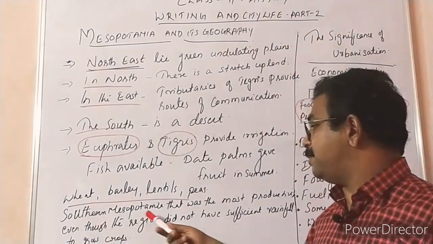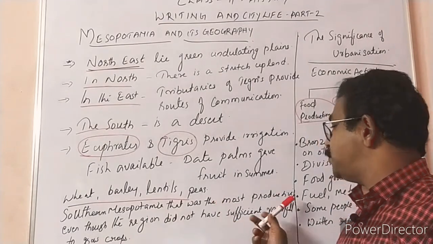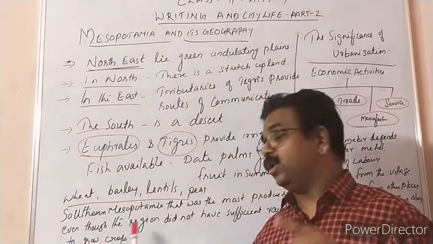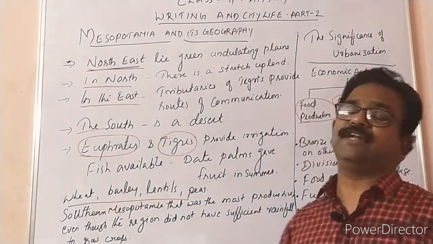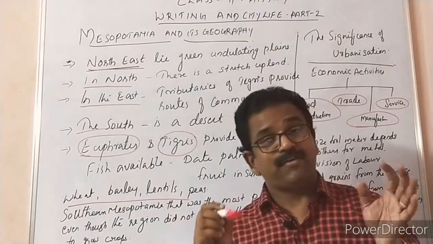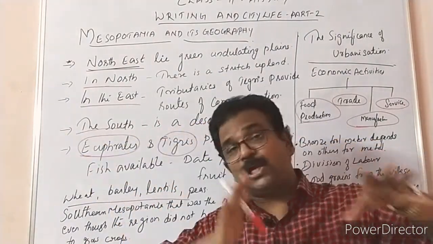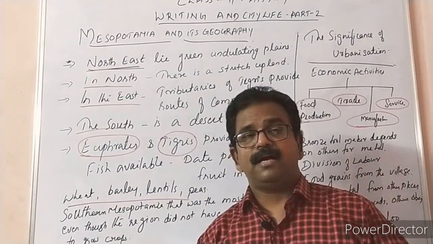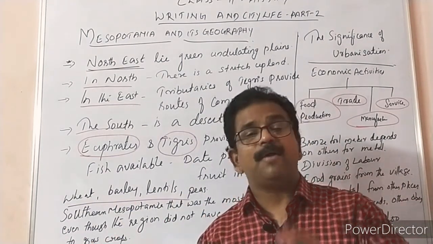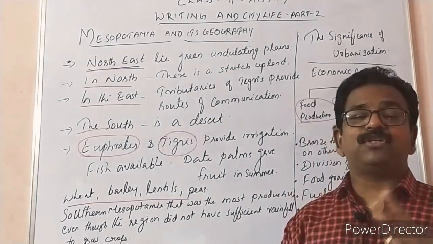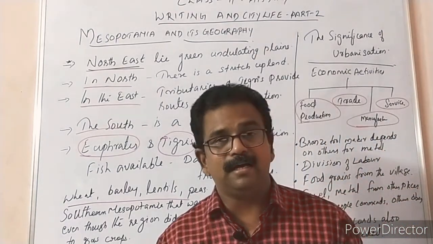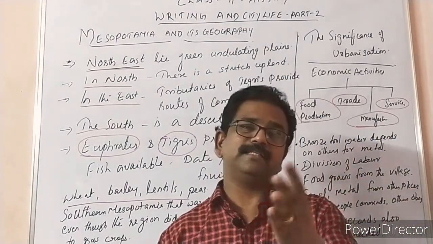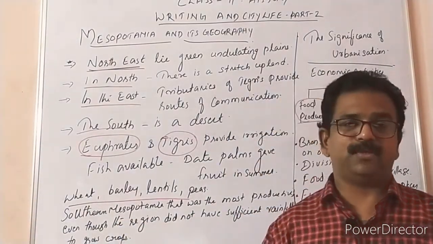See, southern Mesopotamia was the most productive, even though the region did not have sufficient rainfall to grow crops. Euphrates and Tigris deposit a lot of silt, and the area is so productive, but it is very difficult to grow crops because of the less rainfall. That is the condition of southern Mesopotamia.